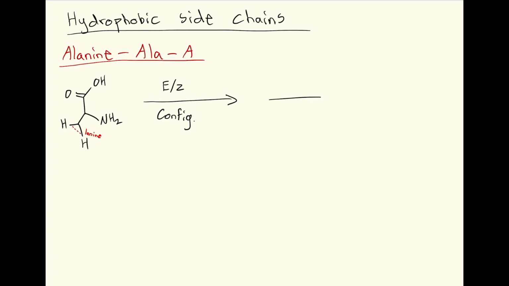So you draw it like this, and then you have your amino group sticking out on this end, and then you have your OH, carbonyl. You can draw these on either side. You can put the carbonyl on this side or the OH on the other side. It really doesn't matter. And then you have your carbon coming out, and this is how I drew it on the other one.